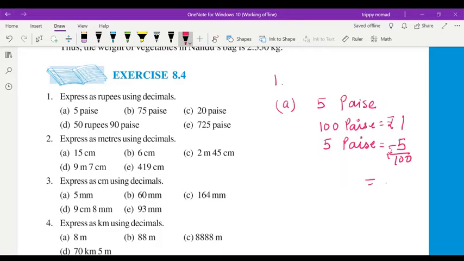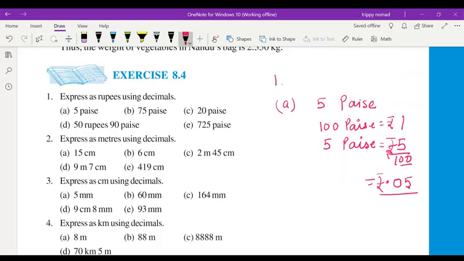For the 1 you will put a point, and there are 2 zeros. For 2 zeros, 2 digits should come, but this is only 1. After the point you put 0, because that has no value, so you have to put 0 before that. So it will become 0.05 rupees, the answer. I hope you got it. In another way also you can do.